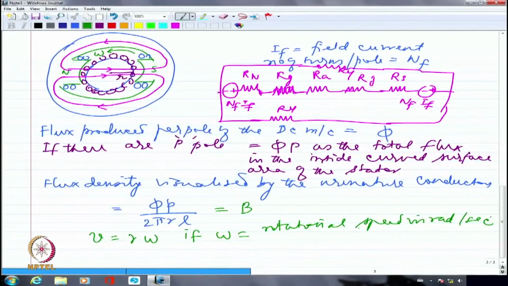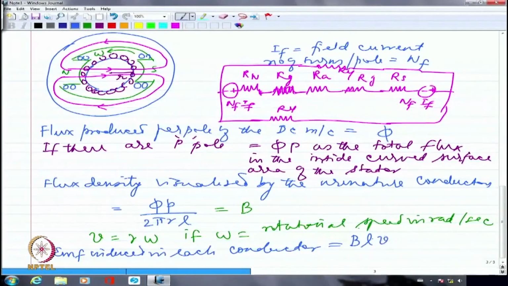So the EMF induced in each conductor will be equal to BLV, which I can write as B, which is phi p divided by 2 pi RL, multiplied by L, multiplied by R omega.